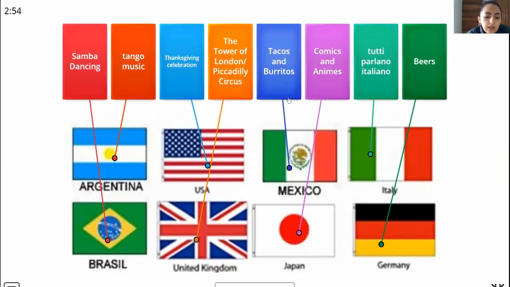Sorry, Nancy, I couldn't hear you. Can you repeat that, please? Tradiciones de cada país. Exactly, about traditions of each country, of these different 8 countries, right? So we have here some characteristics of the different countries.